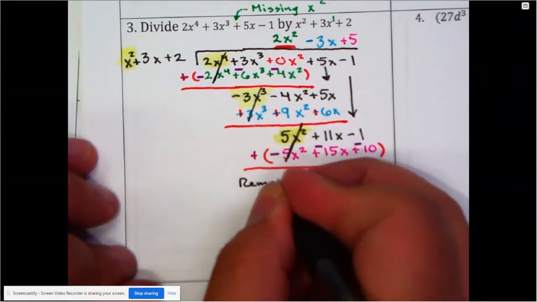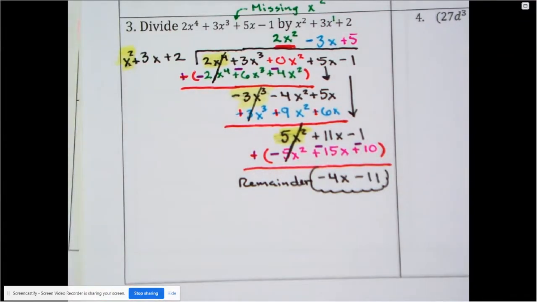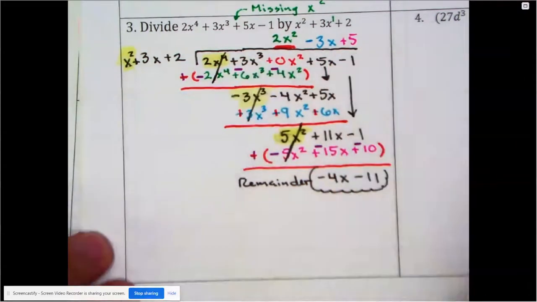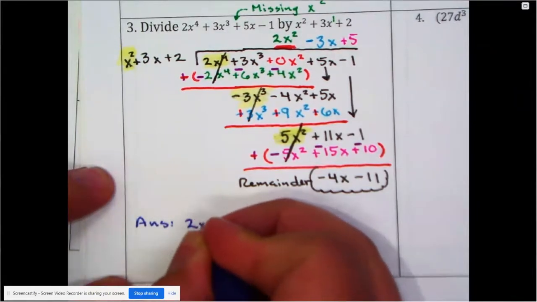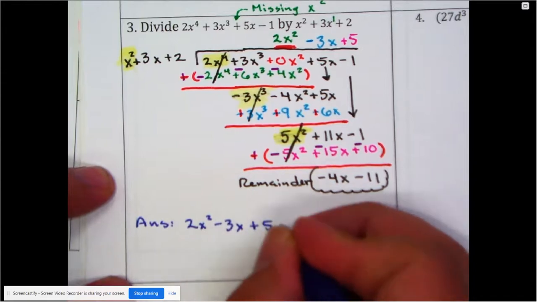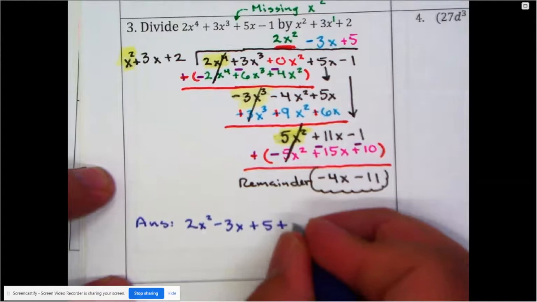This is my remainder. And we already talked about how we write our remainders. So I'm going to start off by writing my quotient up here. This is my answer. So my answer would be 2x squared minus 3x plus 5. And look, just put a plus sign. Always just put a plus sign there. Play it safe.